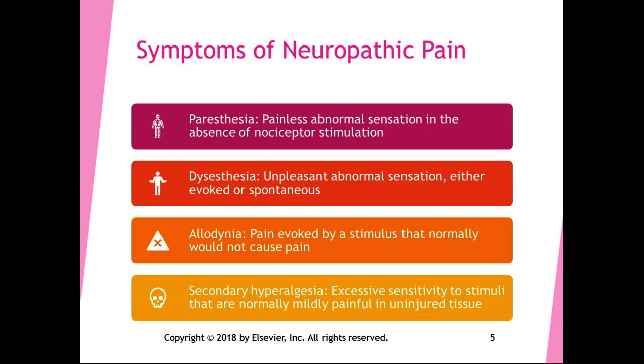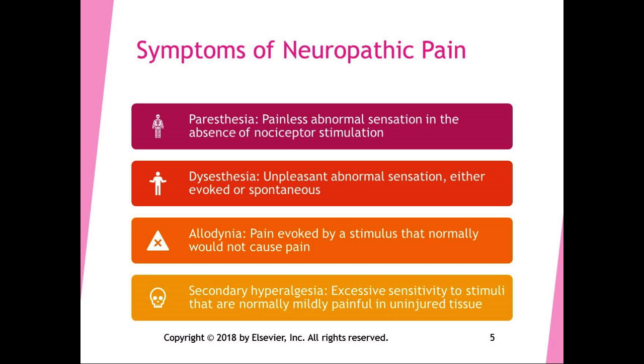That's another description of it. Dysesthesia is an unpleasant, abnormal sensation, either evoked or spontaneous. So paresthesia arises from the dysfunction of neurons, and it's usually tingling, numbness, or prickling sensation. So lesions anywhere along the nociceptive pathways can cause paresthesias. Dysesthesia is typically described as burning pain, shooting pain, or electrical sensations.